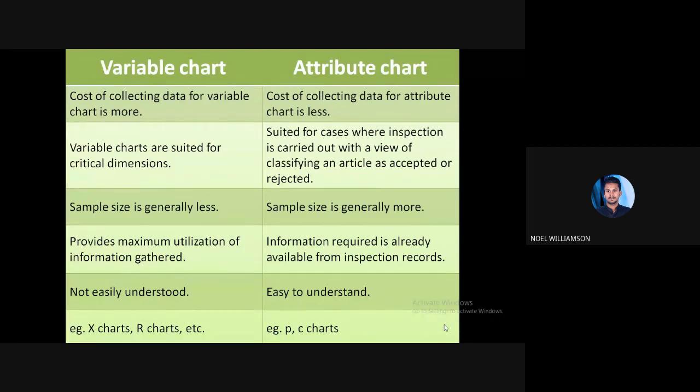In attribute chart, the information required is already available from the inspection records, so we don't need additional information from the data collected. Next, the variable chart is not easily understood, and the attribute chart is easy to understand. So these are the main differences between the variable chart and attribute chart.